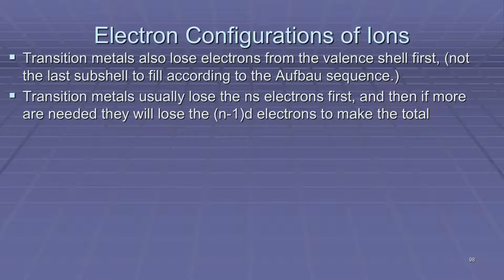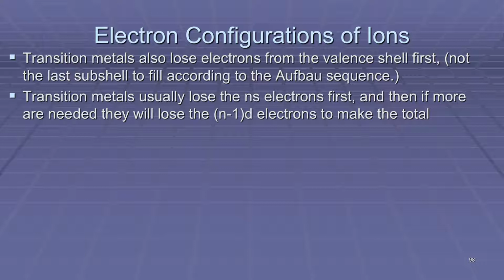Okay, so the transition metals don't work exactly like the other ones. They can't ever actually form a noble gas configuration, so they form a pseudo-noble gas configuration. They don't always lose electrons in the reverse order of how they gained them, or in other words, you don't remove them in the same order that you filled them.